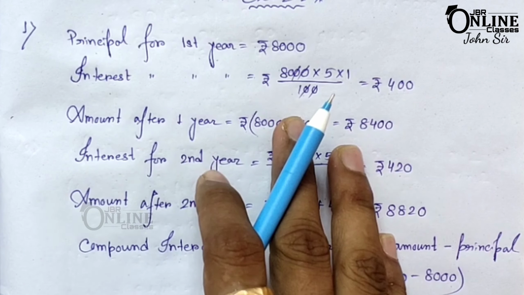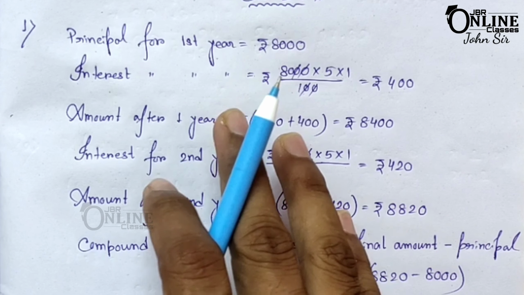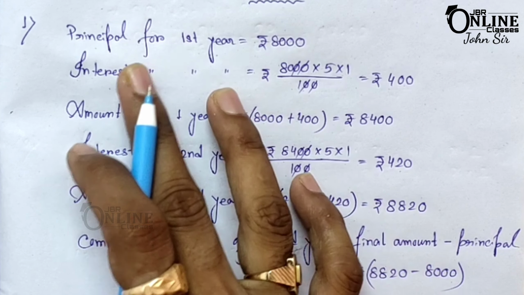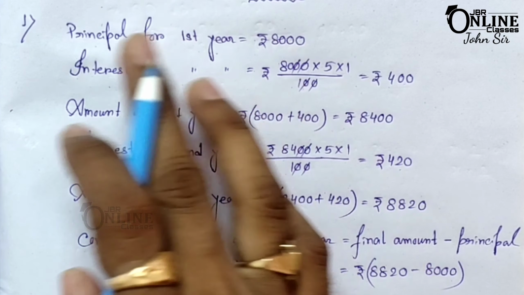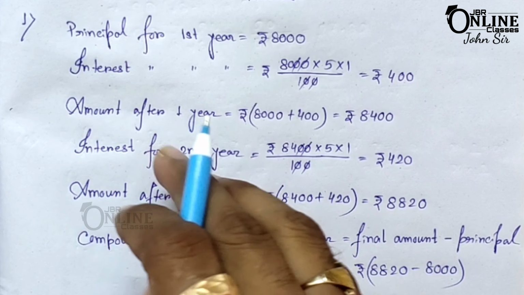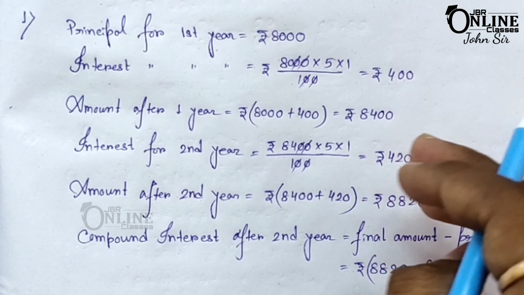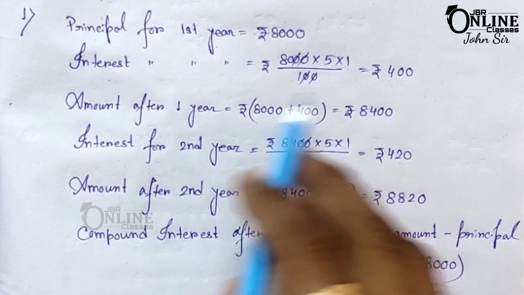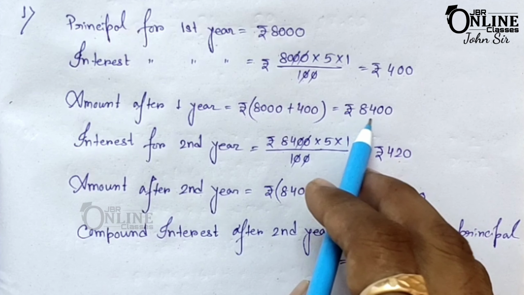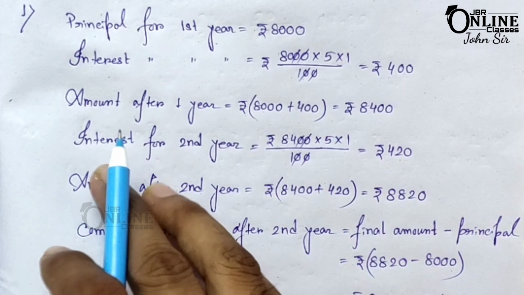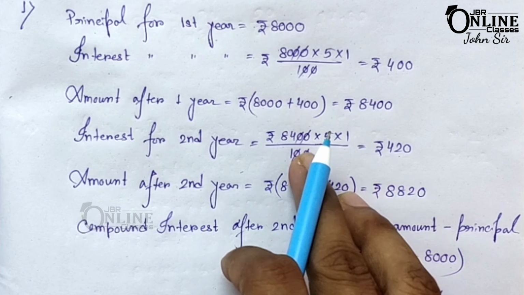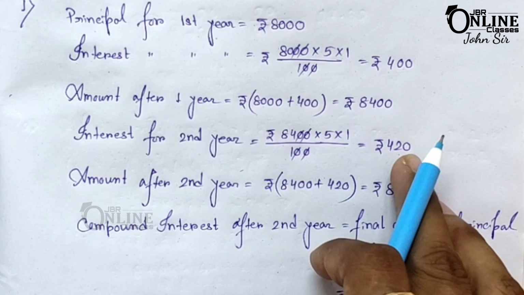Now as I said before, in compound interest the principal changes every year. So as 8,000 is the principal for the first year, the principal for the second year will be 8400. Now next, the interest for the second year, again with the same formula PRT by 100, you will get 420.